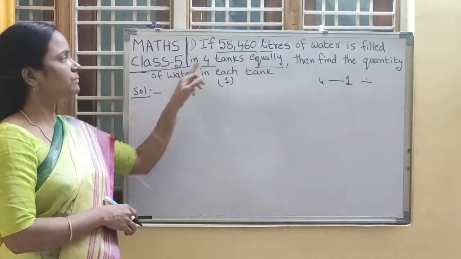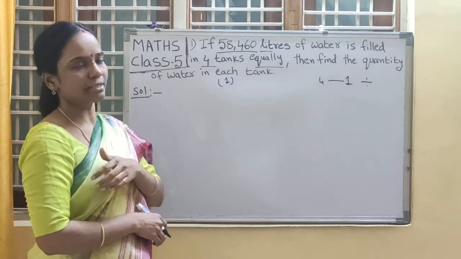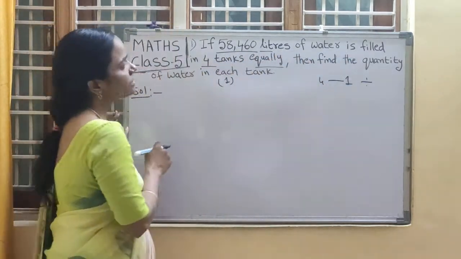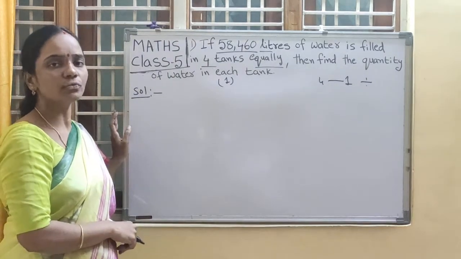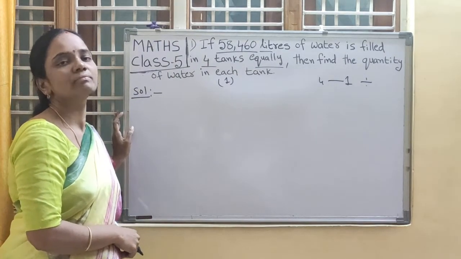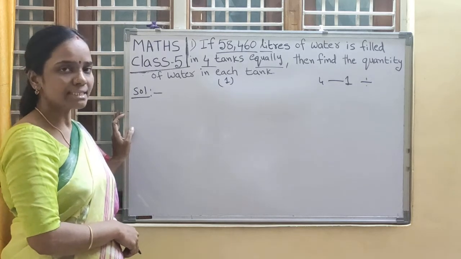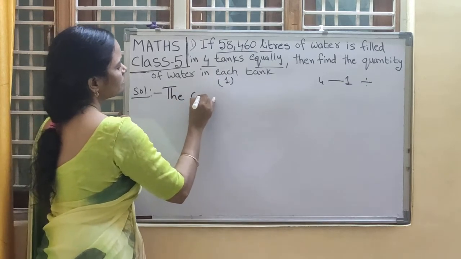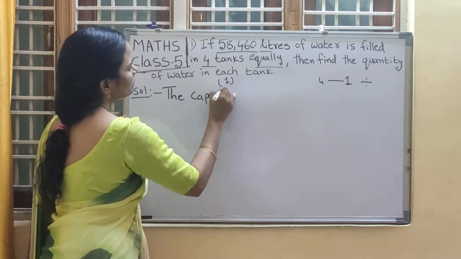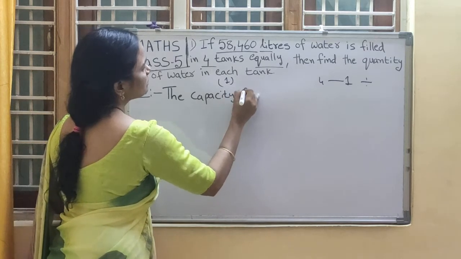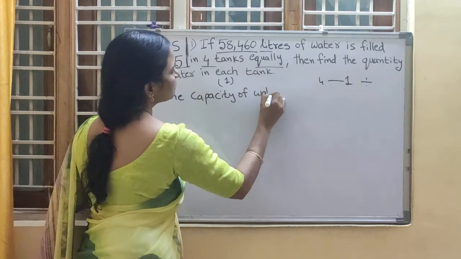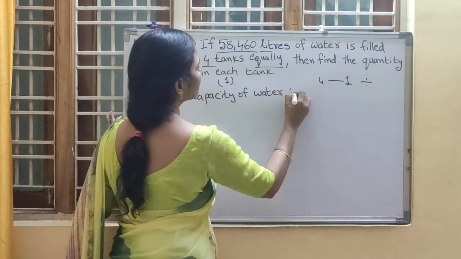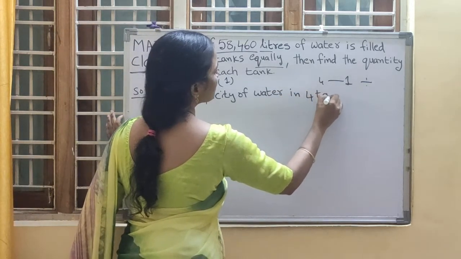Okay, shall we write the statements? From sentence 1 you will get the statement. If 58,460 liters of water is filled in 4 tanks, from that sentence how do you frame a statement? Yes, very good, children. The capacity of water in 4 tanks.